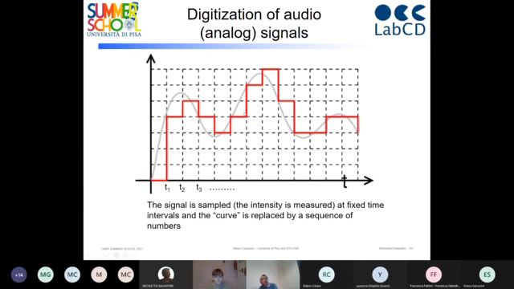But you can imagine that if the frequency is high enough, so that you take the samples at very small intervals along the signal, then the red line will be almost the same as the original signal. So this is the basic idea: to represent the signal as a sequence of numbers, the values of the signal over a number of small intervals of time.